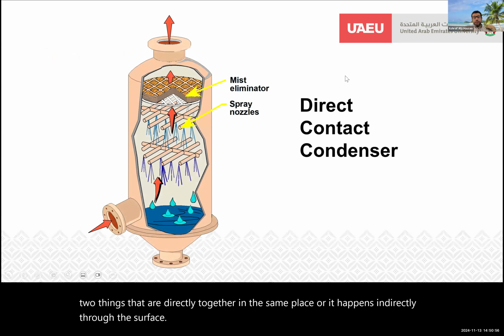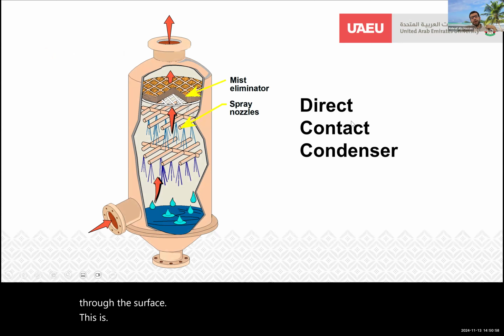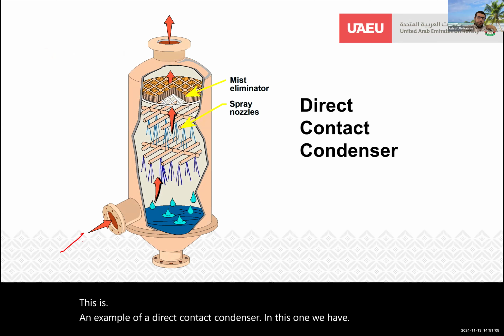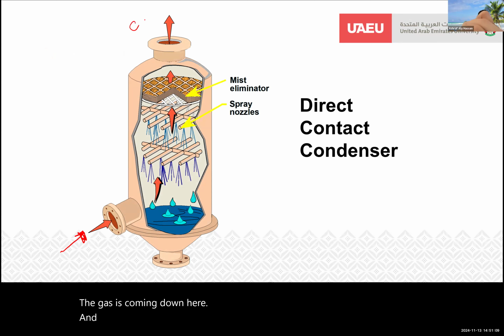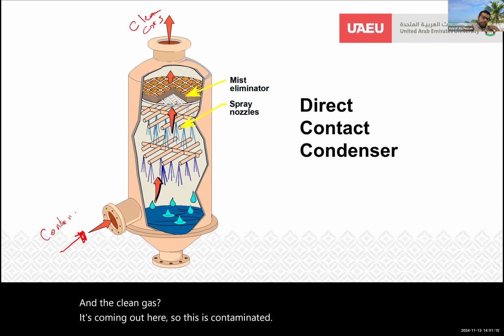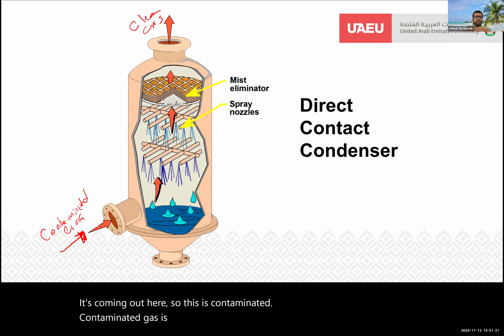This is an example of a direct contact condenser. In this one, the contaminated gas is coming in and going up here, and the clean gas is coming out here. So what happens inside this condenser?